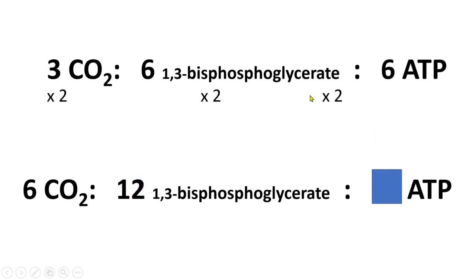So for 6 carbon dioxide to become 1,3-bisphosphoglycerate, there is a need for 12 ATPs to be used up. That's how you will be computing if you take note of the different intermediate molecules inside the Calvin cycle. Alright, so that's the answer to that.